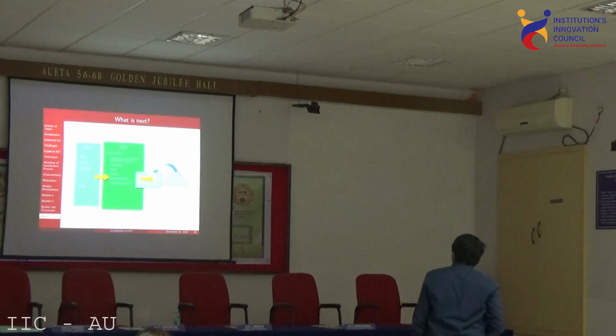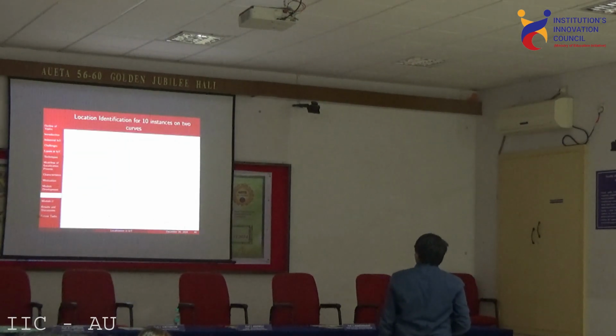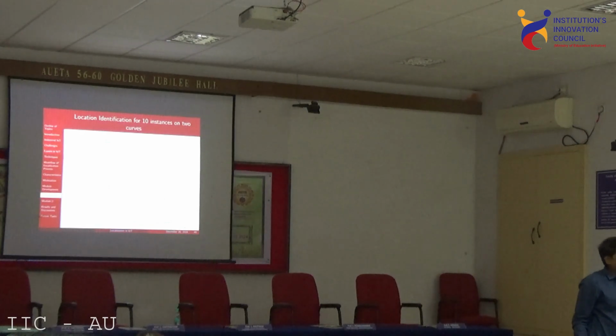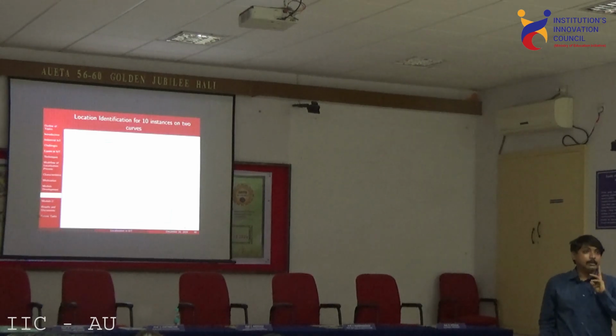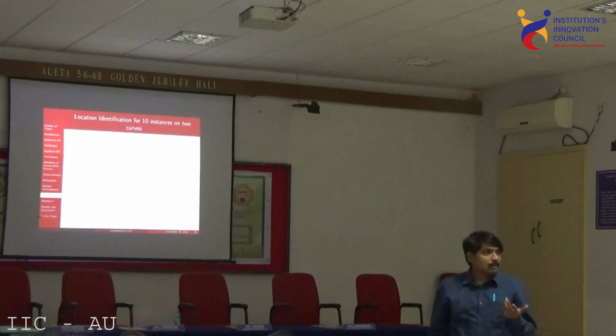So we are trying to model with respect to the existing system and our proposed system, and we have used it in two different approaches: one is Dijkstra's approach, another is the A-star algorithm.